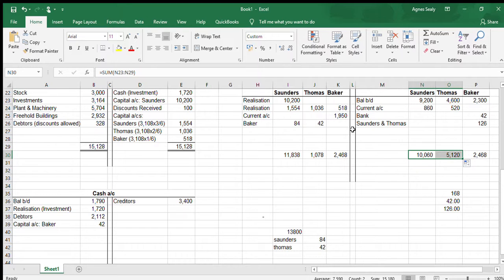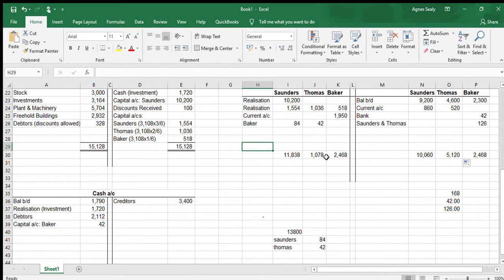So we can see that Thomas is going to receive some money from the partnership, whereas Saunders will have to pay money into the partnership to help close off the cash account.